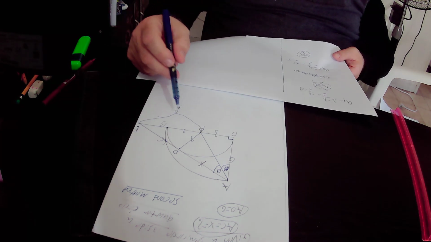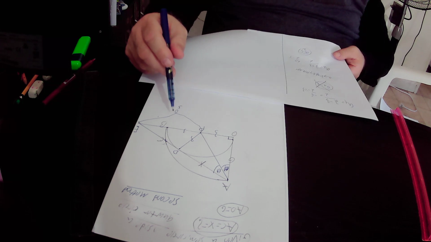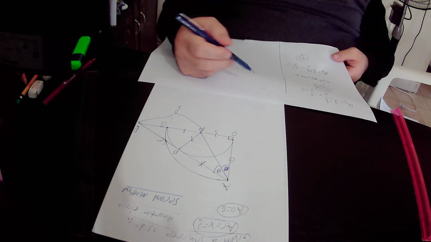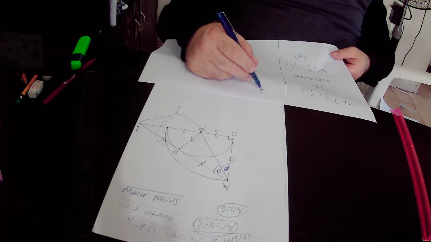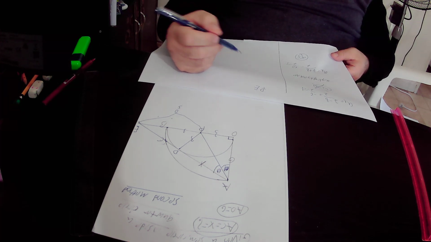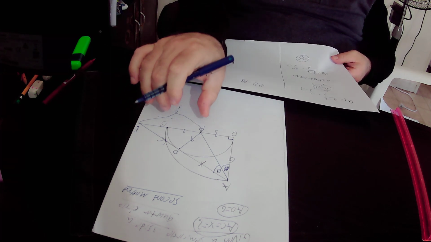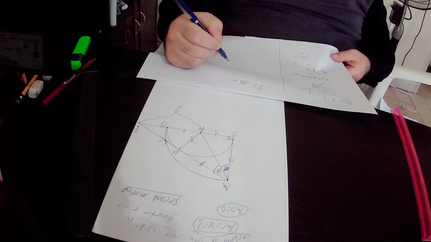From the drawing it is very easy to see that PE minus PB equals BE.